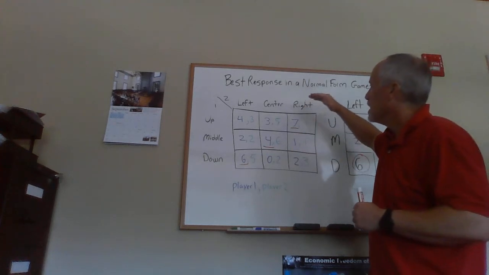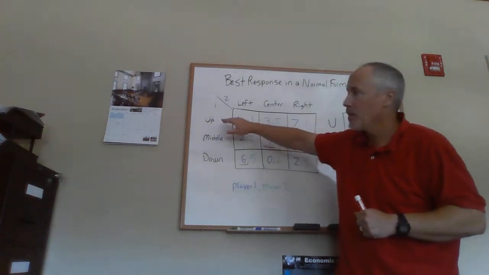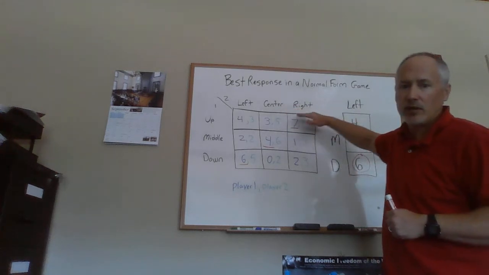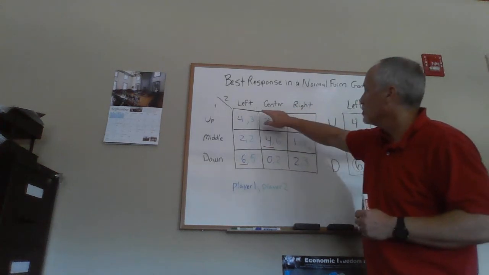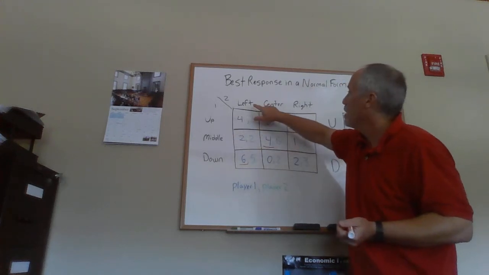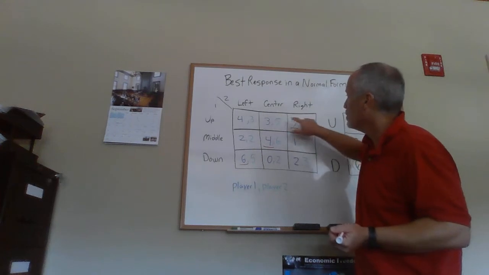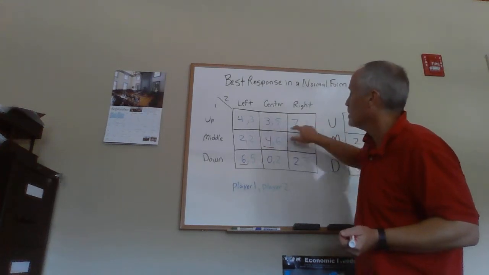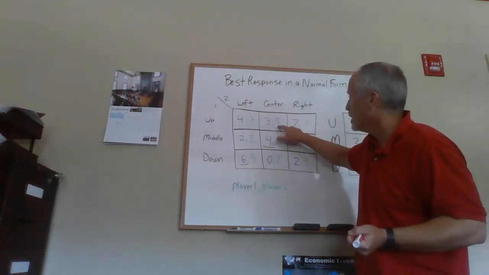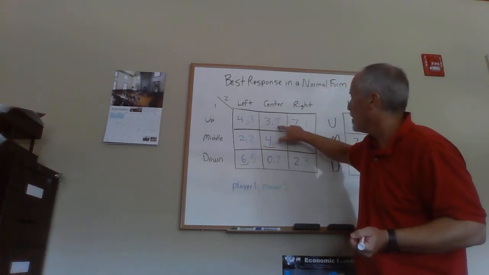So, for instance, if player 2 knew that player 1 was going to choose up, then player 2 knows that they're now in the first row of the matrix. So in choosing what strategy they would want to respond to up with, player 2 is choosing between left, center, and right, these different cells in this row. Player 2's payoff is the second number, the one in green here, and player 2 would be choosing between 3, 5, and 1.